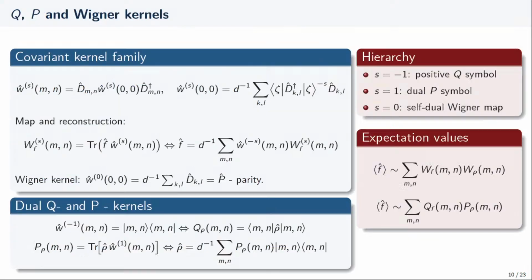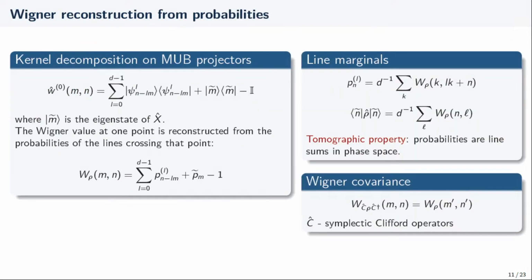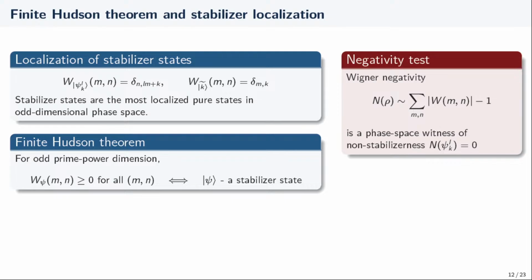So here, for instance, is the form of a stabilizer state in the phase space: a delta function. Even more, there is a theorem: the Wigner function of a pure state is positive if and only if the state is a stabilizer state. For prime dimensional case, the only stabilizer states correspond to rays.